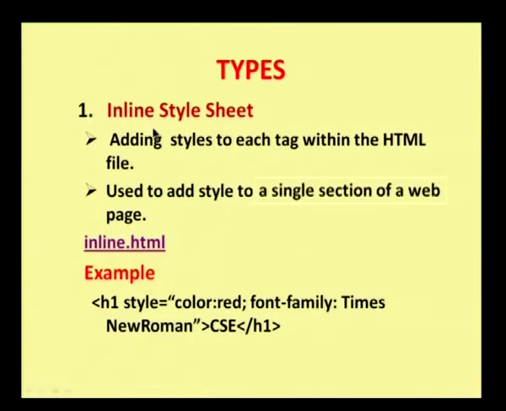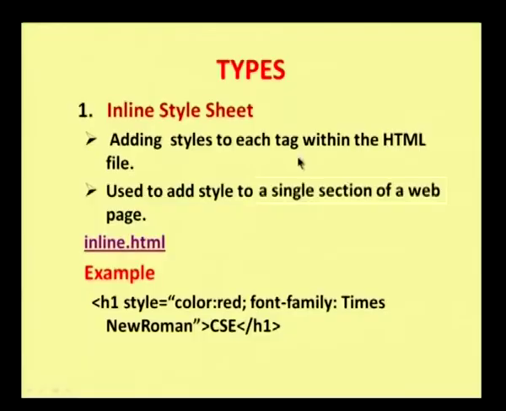So, that is called inline. Inline in the sense inside the document and inside the particular element, in the sense the tag. So, it is used for adding the style to each tag within the HTML file. So, a single element within a single web page. So, that is called a single section of a web page.